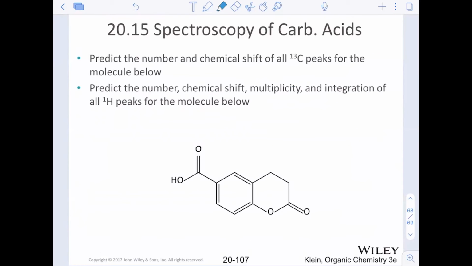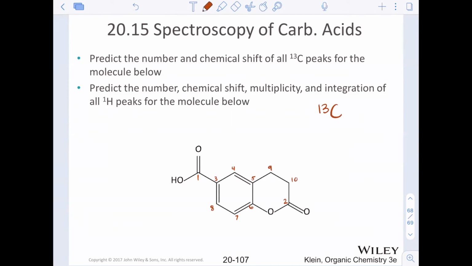Let's just predict the number of chemical shifts for all these lovely carbon-13 carbons in this molecule. And let's predict the number of proton NMR signals, okay? So when we're looking at this, we want to just start predicting and seeing if there's symmetry. Well, there's not symmetry in this. So let's first do the carbon-13 and identify this carbon would most likely be the furthest downfield, and this one, right? 3, 4, 5, 6, 7, 8 would all be in the range of our sp2 aromatic compounds. 9, 10, a little bit further upfield.